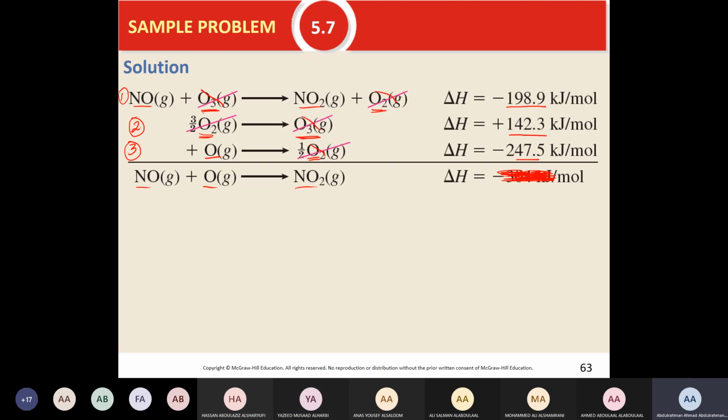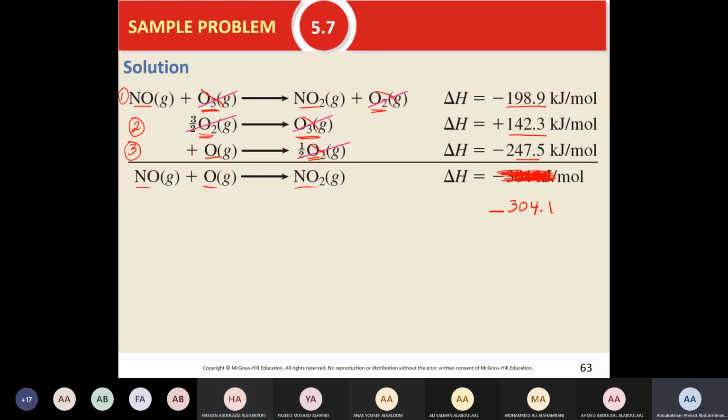The heat of this reaction is found by adding these three numbers together. Add them in your calculator. Yes, minus 304.1.